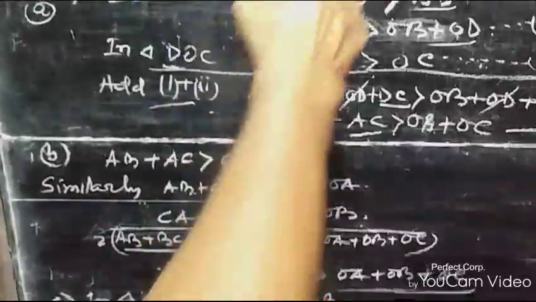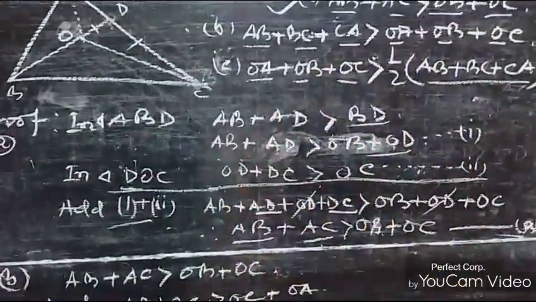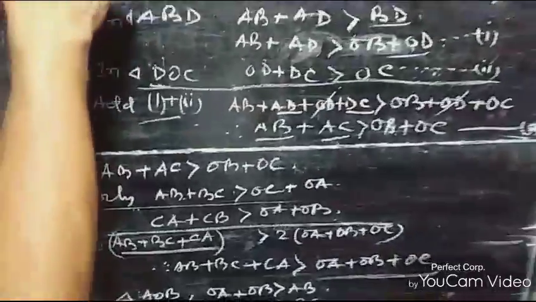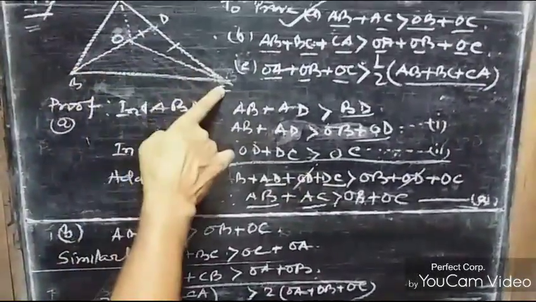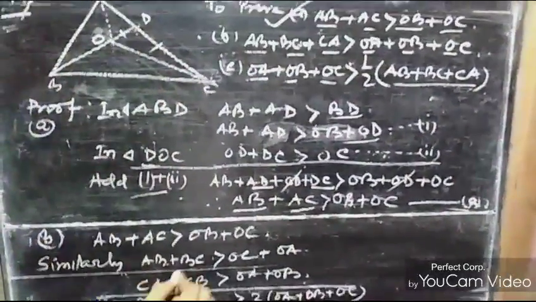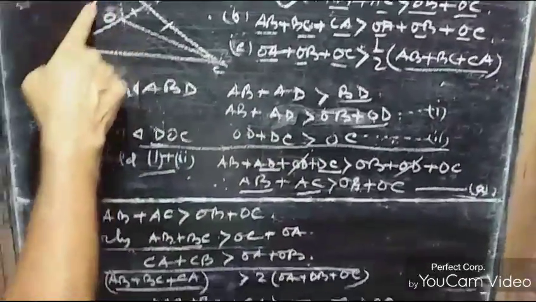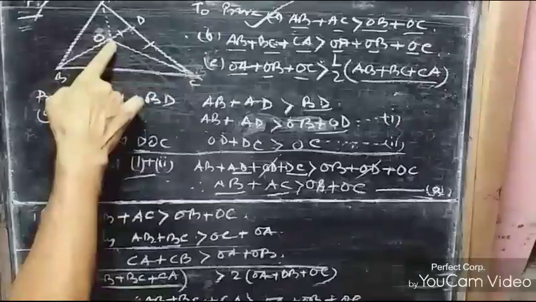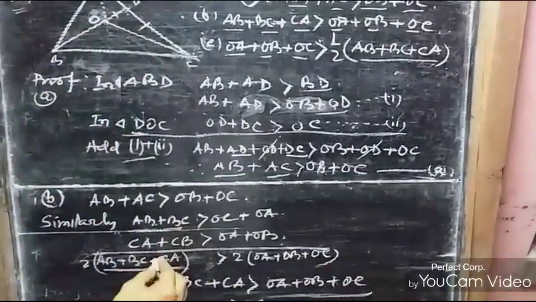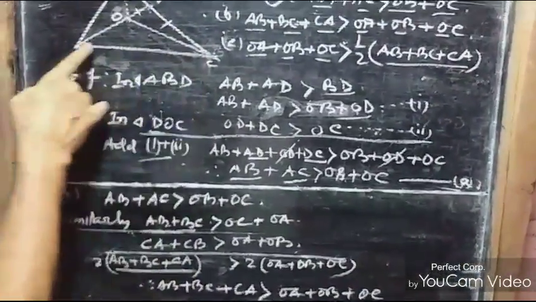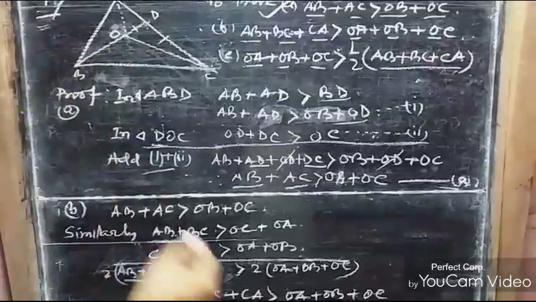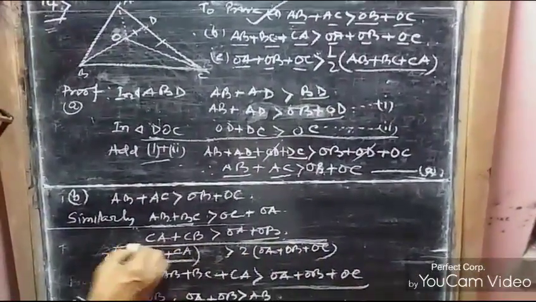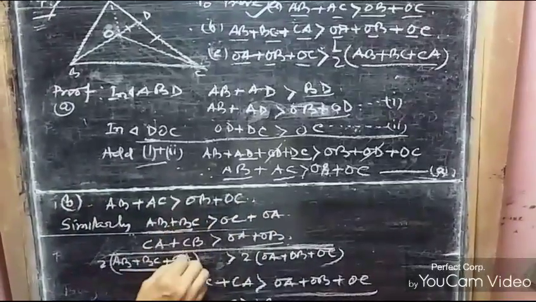Next one is AB plus BC plus CA is greater than OA plus OB plus OC. We have already seen that AB plus AC is greater than OB plus OC. Similarly, AB plus BC is greater than OA plus OC, and once again AC plus BC is greater than OA plus OB. Now we add all three, 1, 2 and 3.